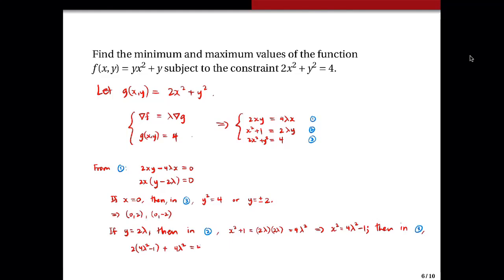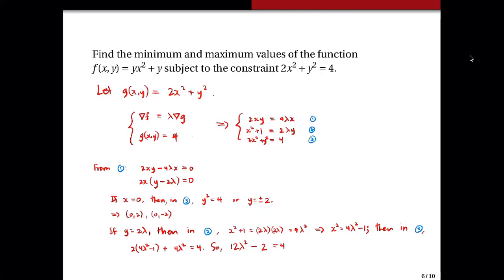And this is equal to 4. If we simplify this, you will have 8 lambda squared plus 4 lambda squared, that's 12 lambda squared, minus 2 times negative 1, so we have minus 2 equals 4.